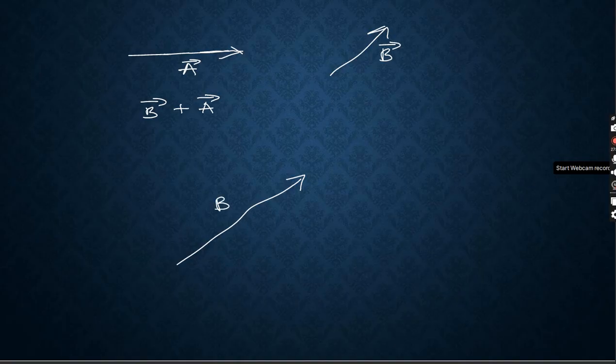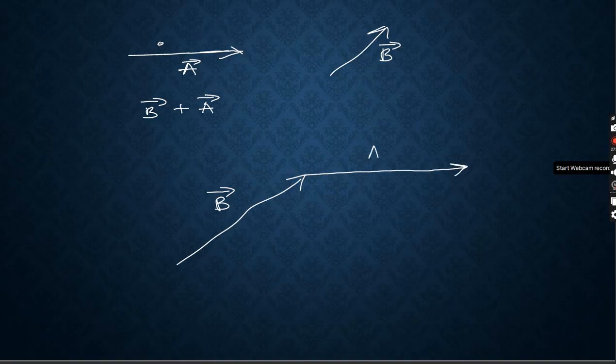So this is vector B now. As usual, we add the vector from head to tail. So vector A is going to start from here, and it's going to be exactly the way vector A is. It is going to move in this direction.